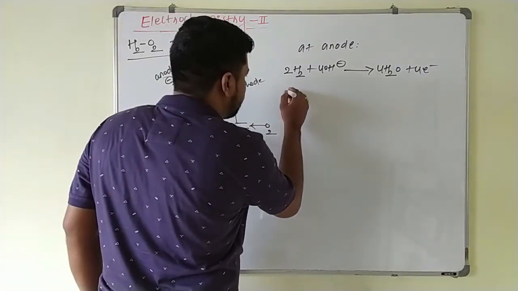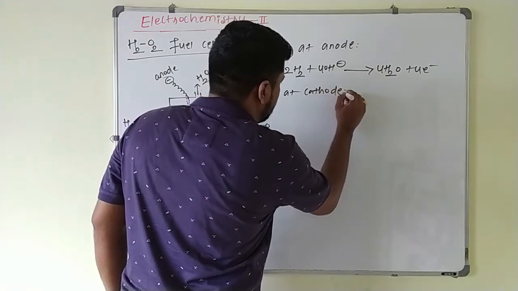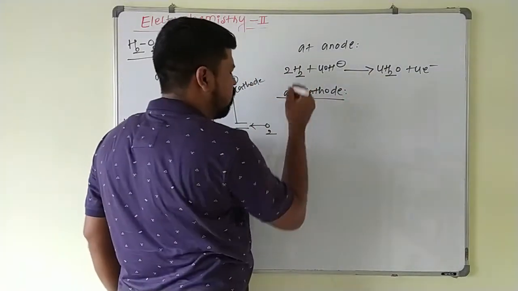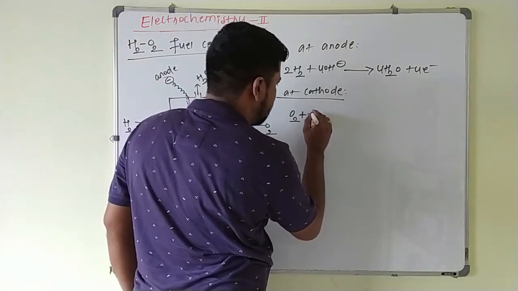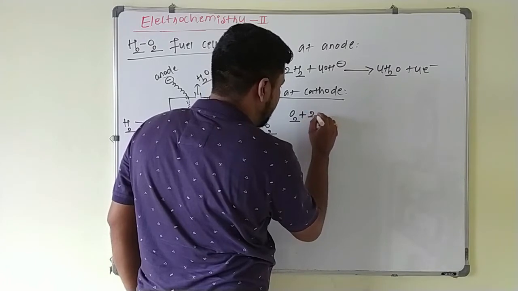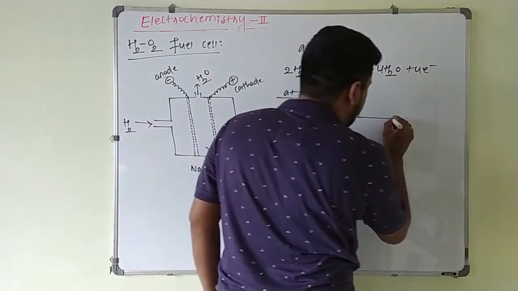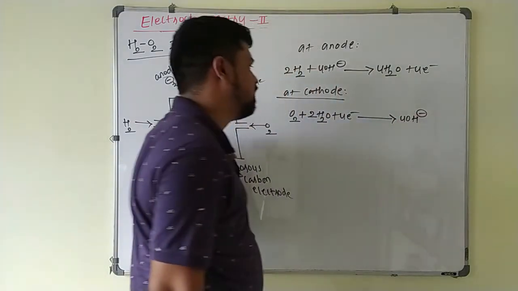Now at the cathode, oxygen undergoes reduction by taking those 4 electrons: O2 plus 2H2O plus 4 electrons is converted into 4OH minus.